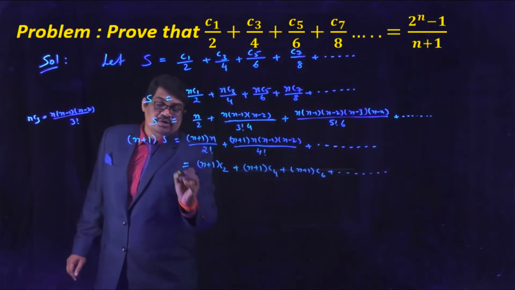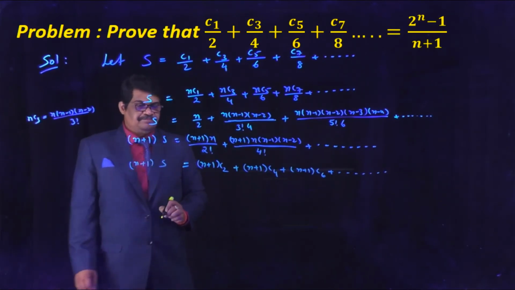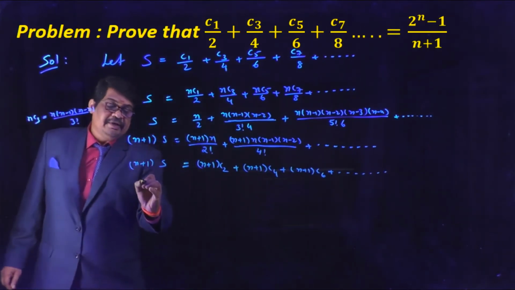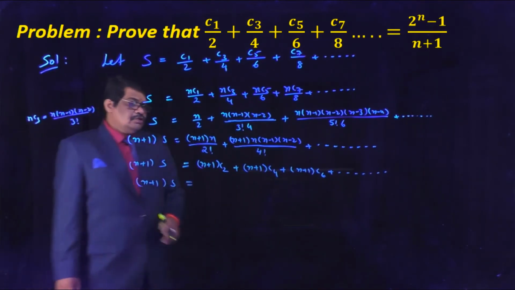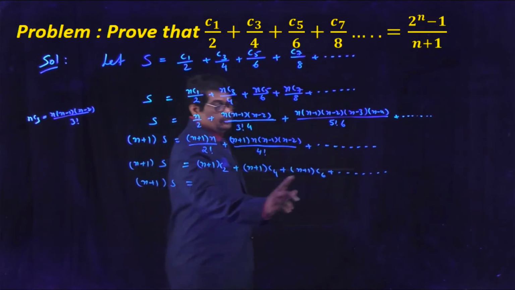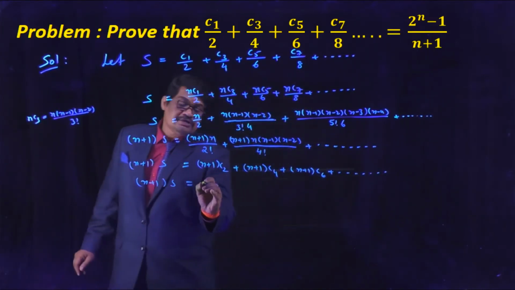Now LHS is n plus 1 into S, equal to C2, C4, C6 and so on. Now we add n plus 1 C0.